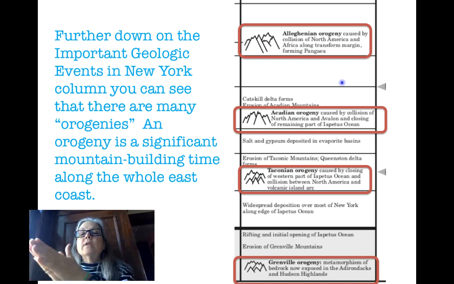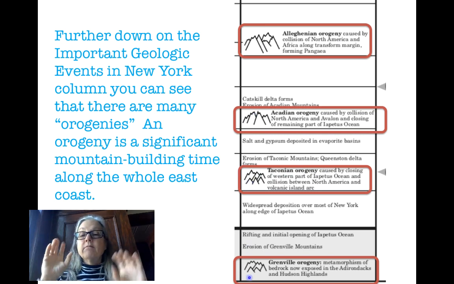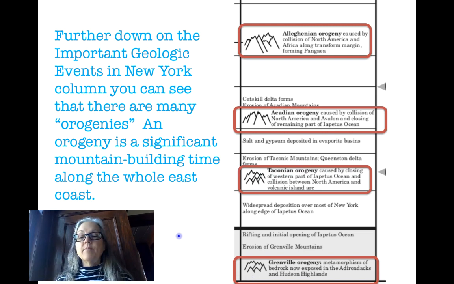And when the mountain building event happened, that created Pangea. All right, so you'll see this little mountain here. That mountain is just to indicate mountain building, orogeny. There's that term. I haven't explained that before.